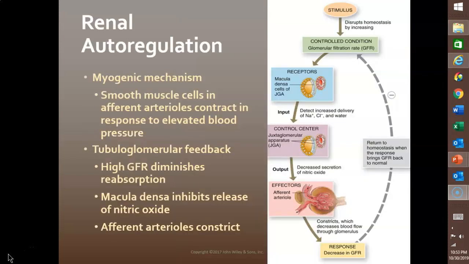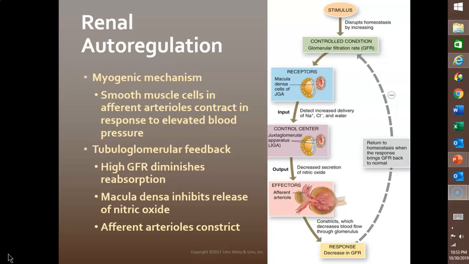The first type of regulation of GFR we want to look at is when the kidneys govern themselves, autoregulation, and they help to maintain constant blood flow, and of course that leads to a constant glomerular filtration rate. So there are two mechanisms that work together to maintain this constant GFR.